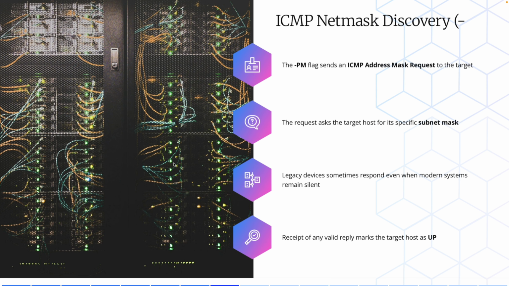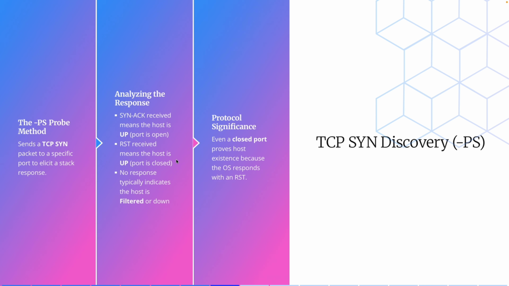The next one is PS. It's different than ICMP. When we are in a local network, we use the ARP request or protocol because it's more reliable if you just want to find the live hosts in your local area network.